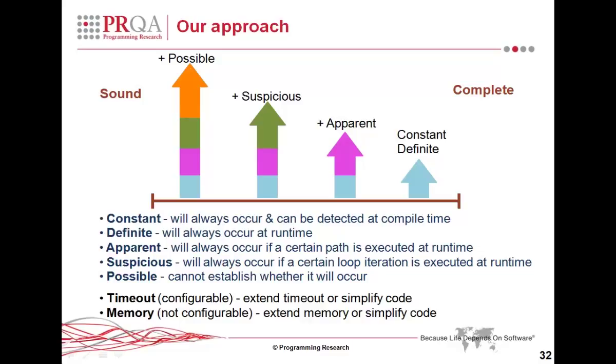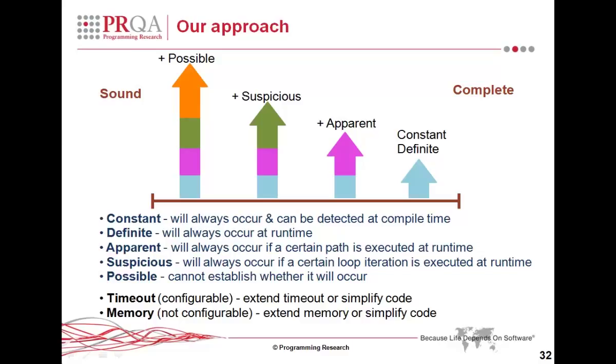Looking at the data flow messages we are generating, for each message we have different categories. When we are sure about a problem being there or a rule being violated, we provide either a constant or a definite message.